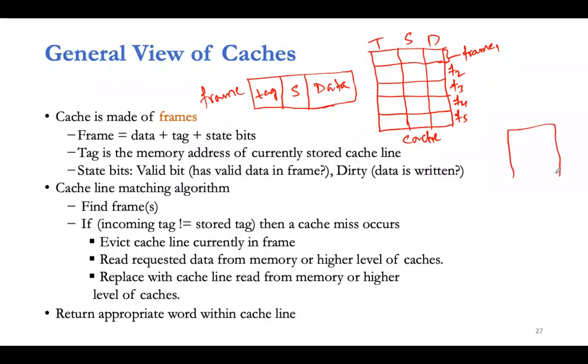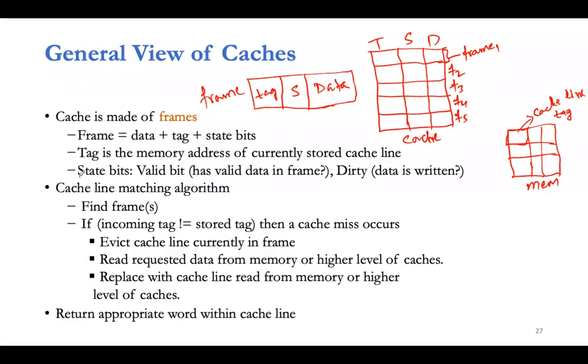It comes from main memory, which is divided into cells, and every cell is represented as a cache line. For every cache line there will be an address, and that cache line address is known as the tag address. So the tag is the memory address of the currently stored cache line.